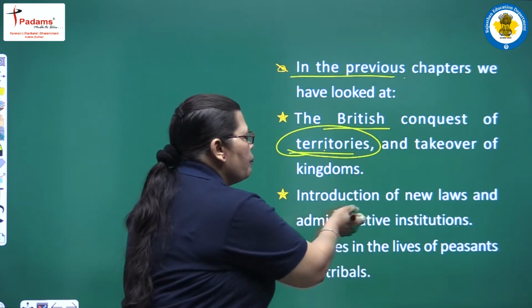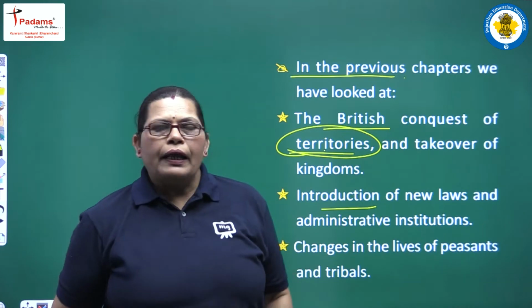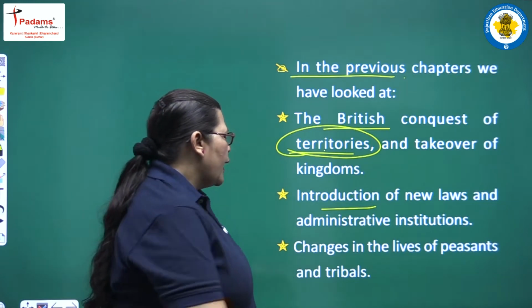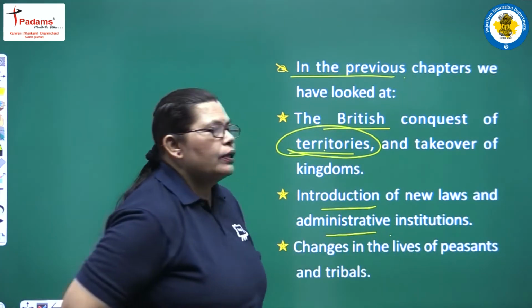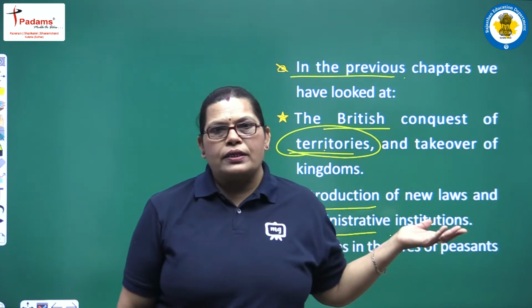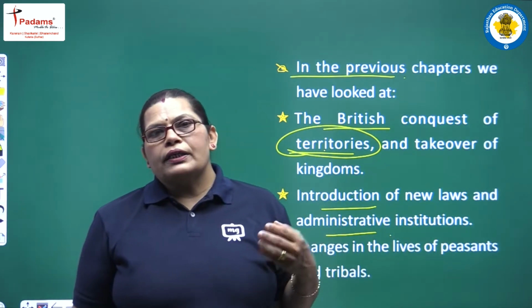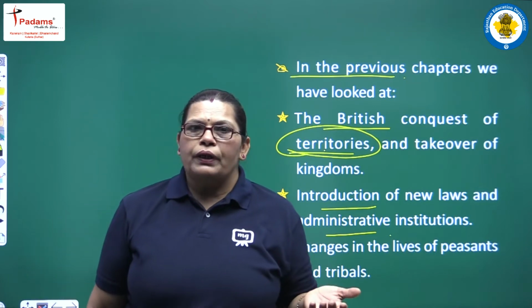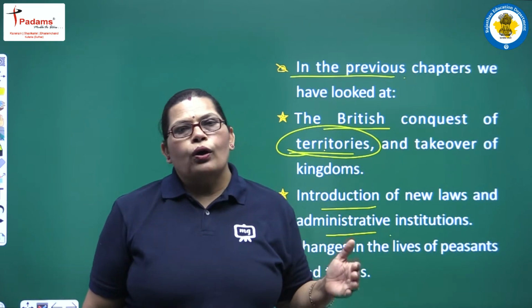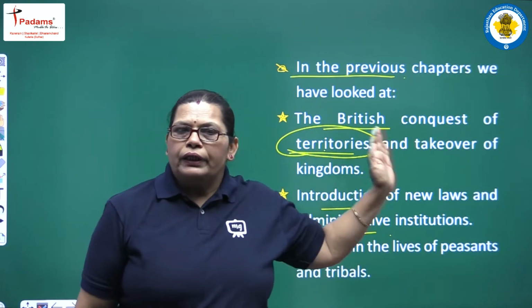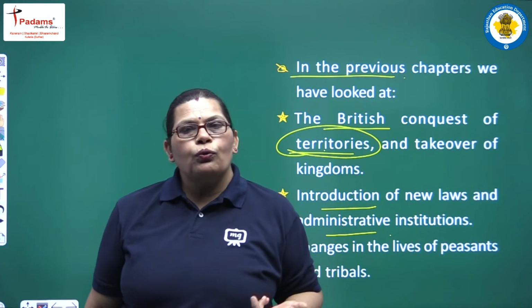Next, we had already read about the introduction of new laws and administrative institutions, how these new laws came into existence. For example, the abolishment of sati pratha, a new law organized by the Britishers with the support of whom?